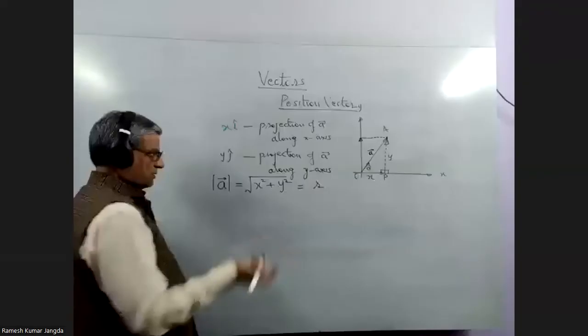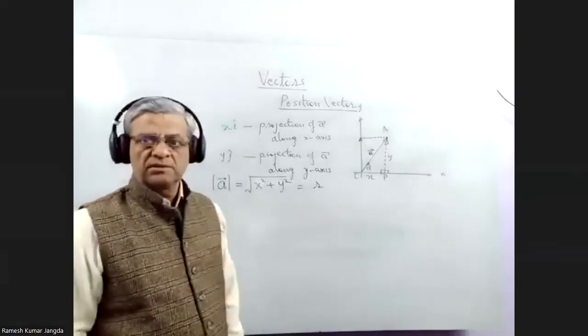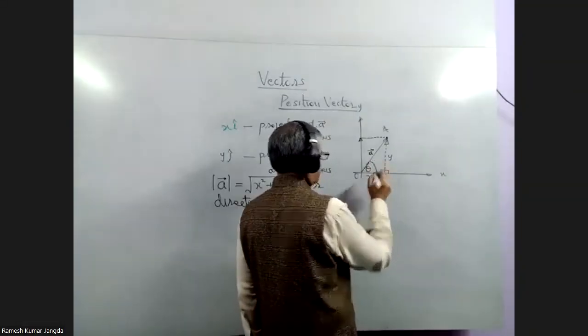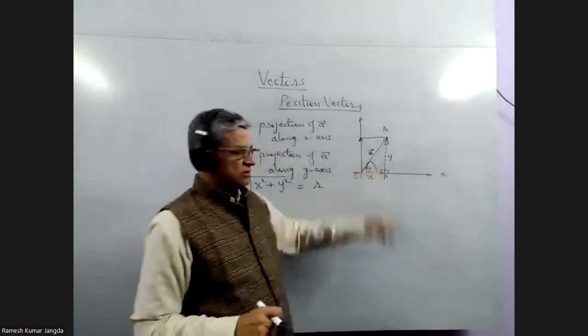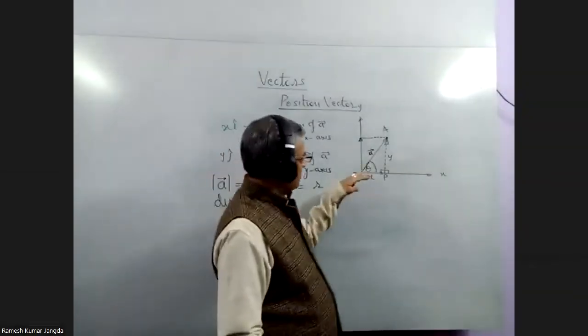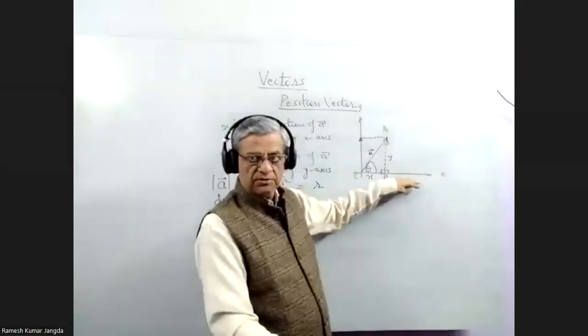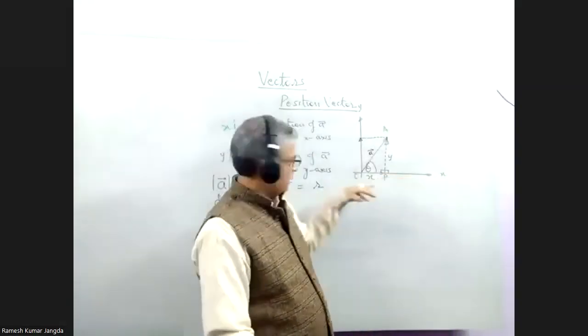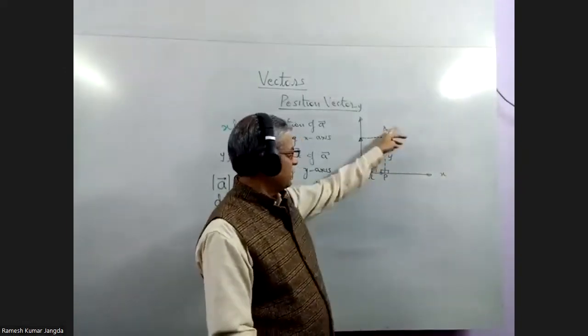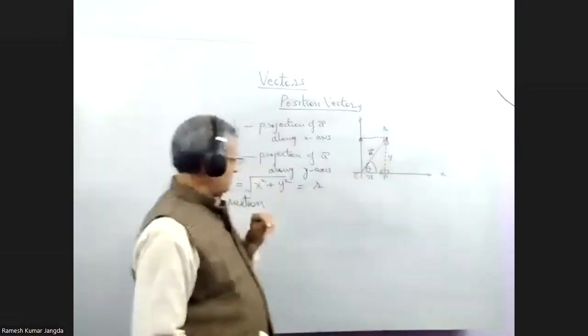Okay, now because it is a vector, it has to have a direction also. Suppose this angle is theta. So this angle in this diagram is theta, angle theta with respect to x-axis will represent OA, but magnitude of OA is r.